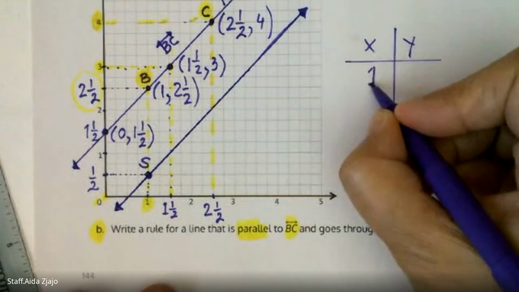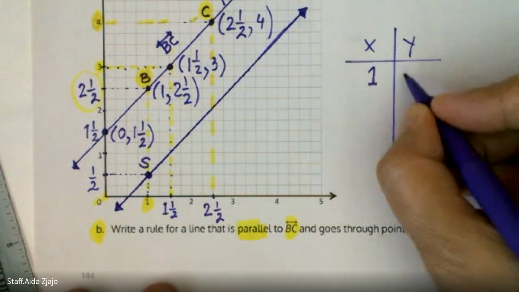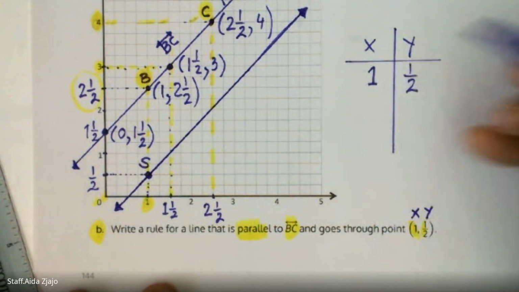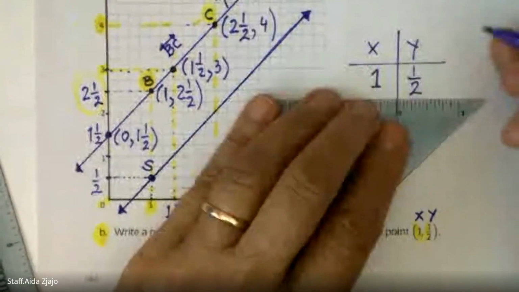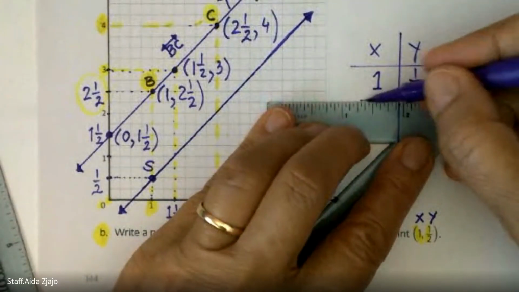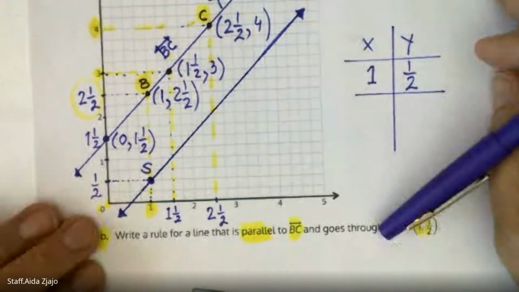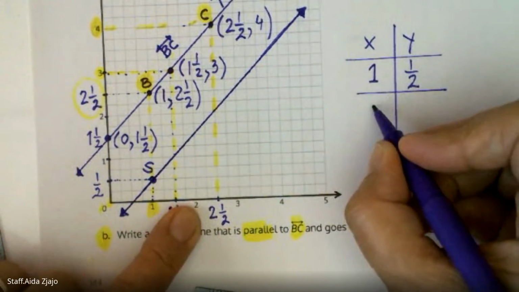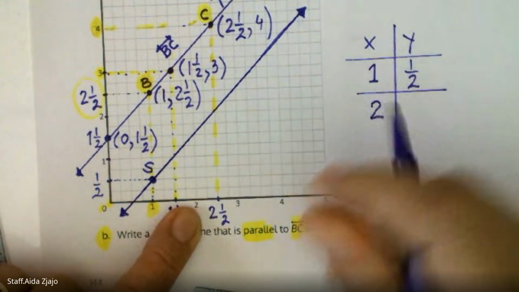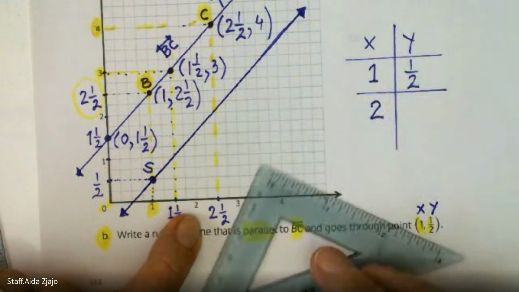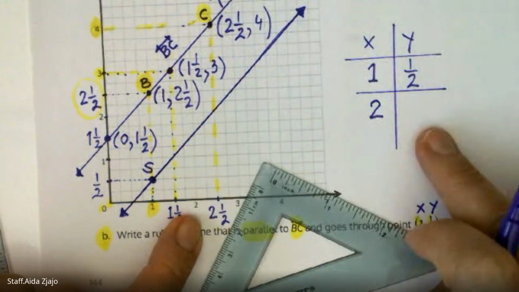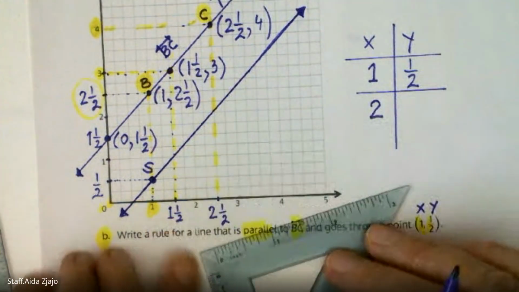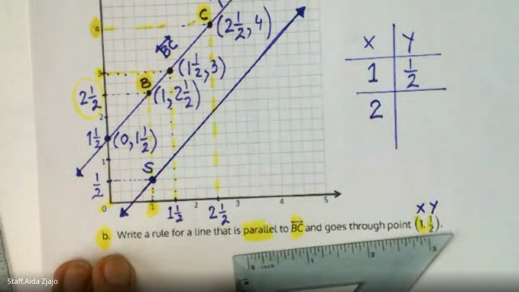X is 1, that's my first point, and y is half. Now I can underline that, and let's see what happens if my x is 2, what is going to be my y?